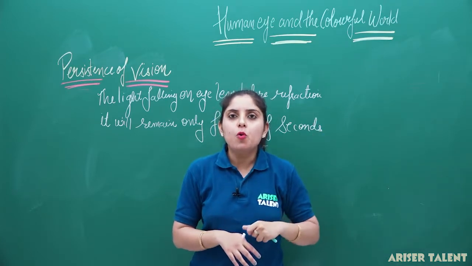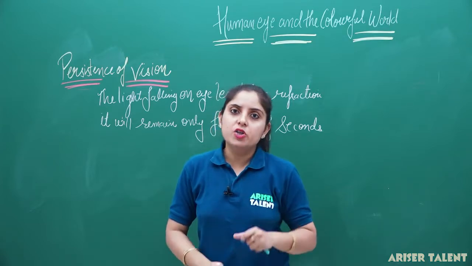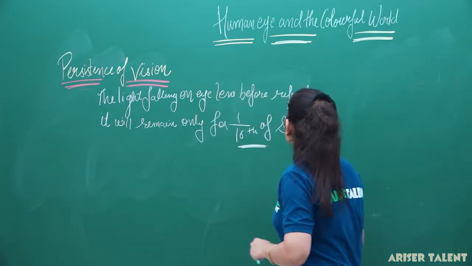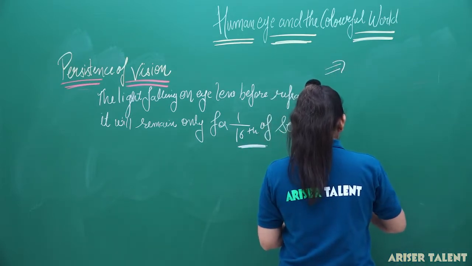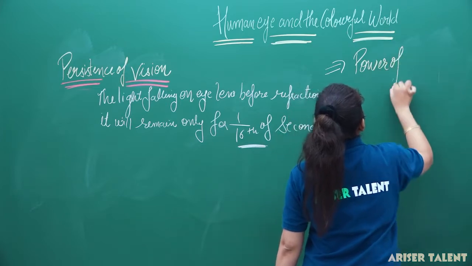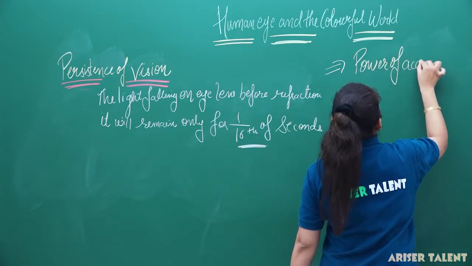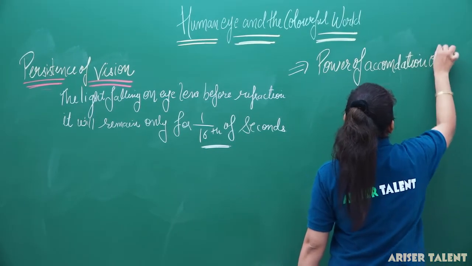And why is it so? It is just because of that factor known as the accommodation of the eye. So next thing is about the power of accommodation of the eye.